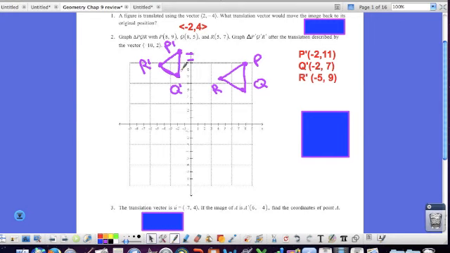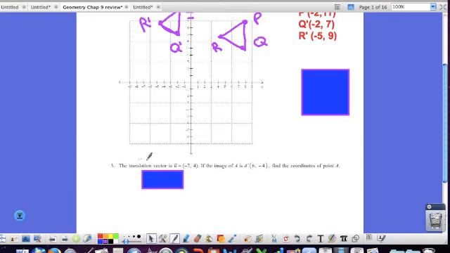And number 3, the translation vector is vector u of -7, 4. Find the image of A. So A prime is 6, -4. Basically you want to ask, what number did you start at that if you subtracted 7, you got to 6?